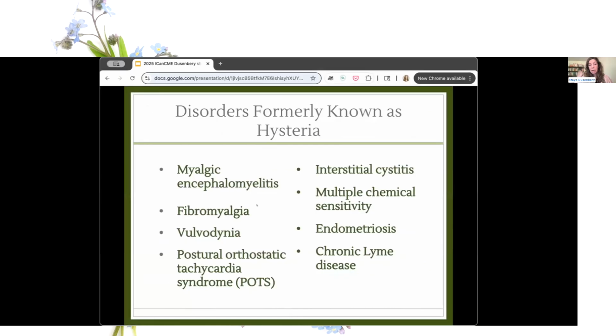So in my book, I discuss ME in a chapter alongside a number of other conditions that I call disorders formerly known as hysteria. These conditions and others are really poorly understood conditions that disproportionately impact women and share a really similar history. Basically, for decades, they have been assumed to be psychosomatic, or else were not really distinguished at all from that sort of catch-all category of hysterical symptoms.